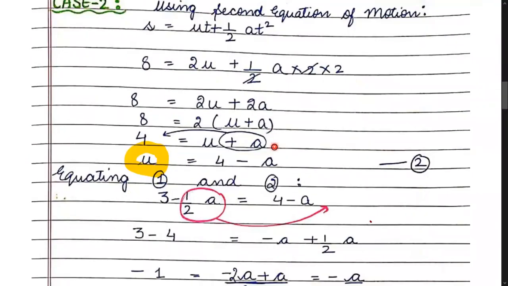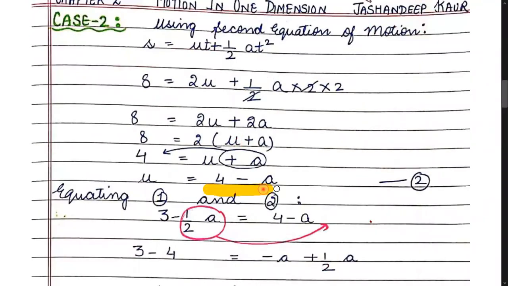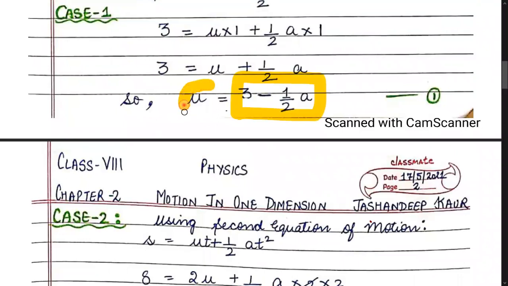In this condition, we can equate the values. That means equating 1 and 2. What do I mean by equating? The right side of equation 1 is actually same as right side of equation 2. Why? Because left hand side of both the equations are same.